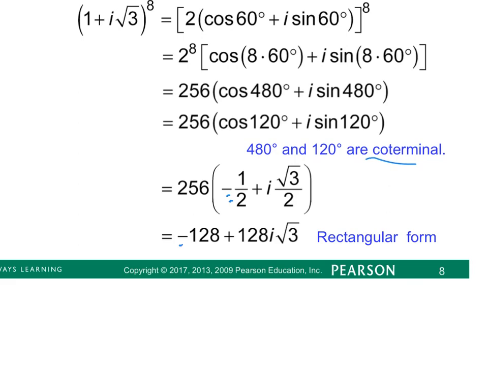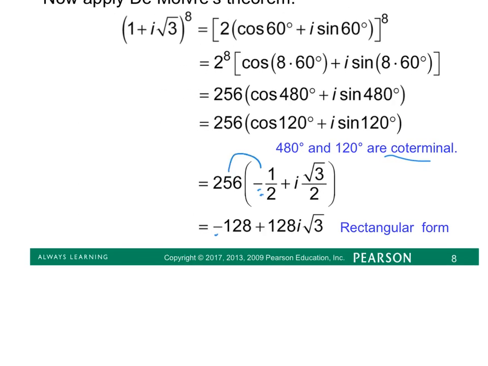Oh, no, no. All he did was he distributed in. Okay, fine. That works too. That'll give you the same answer as I had. If I pull out the negative 128, that would give me a 1 minus i square root of 3. We agree. A lot of ways to write your answers. Wow, that was fun.